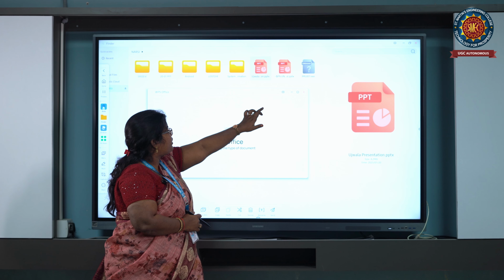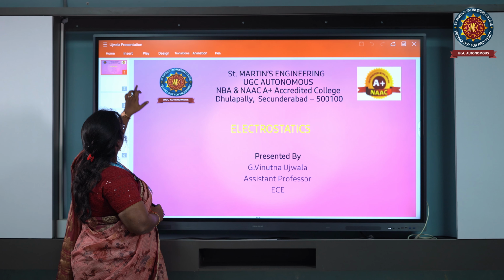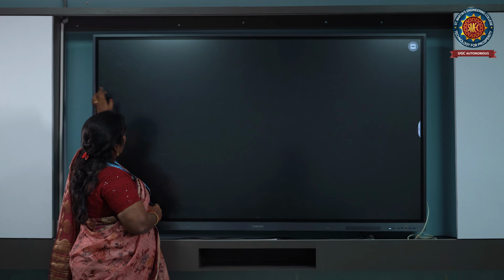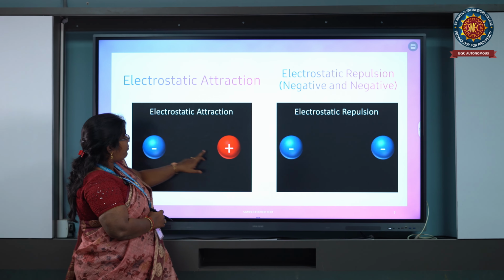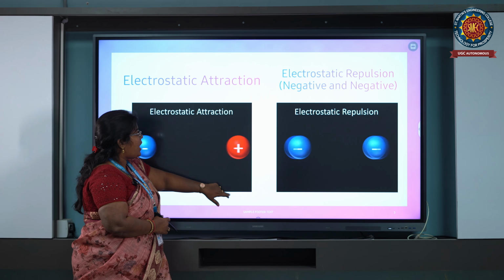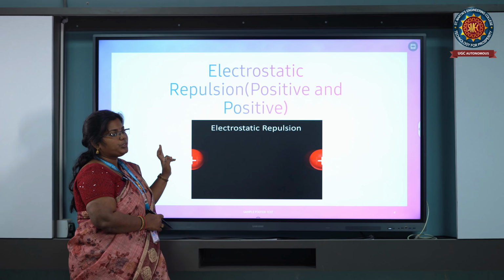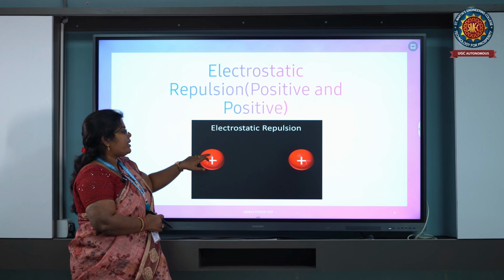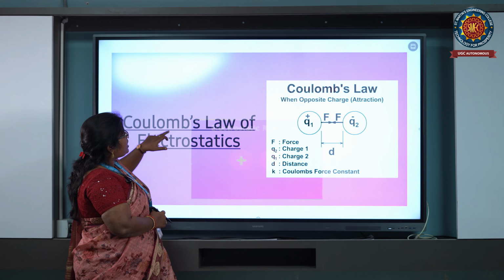You can observe the charges moving with different particles according to the repulsion or attraction of a force. These forces are due to negative to positive, negative to negative as well as positive to positive. The force which acts with negative to negative and positive to positive can be attraction or repulsion. And next we can observe the next charge particle.